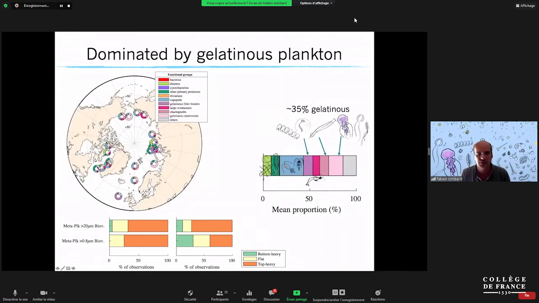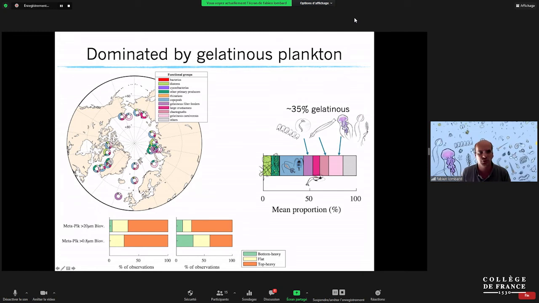When we look at the functional structure, here in the polar ecosystem, and here the global mean at the polar ecosystem, what you can see is that we were expecting an ecosystem highly dominated by diatoms in green and copepods in blue. They are there sometimes in some stations, but they are not the ones that really dominate the ecosystem at large scale.